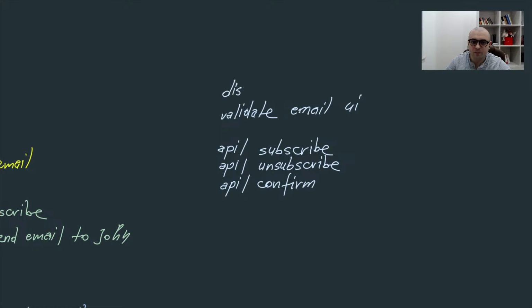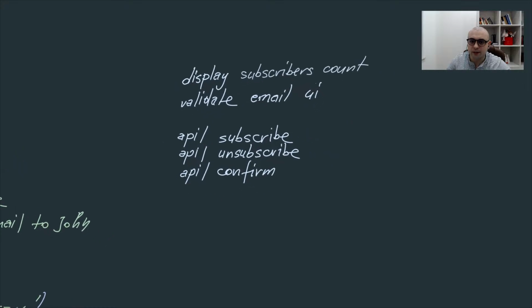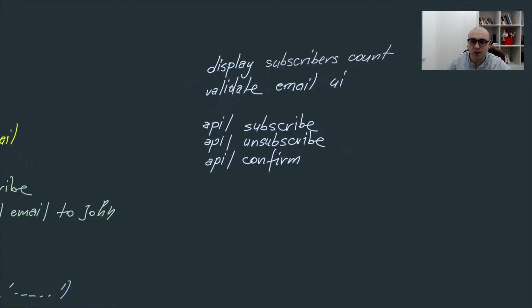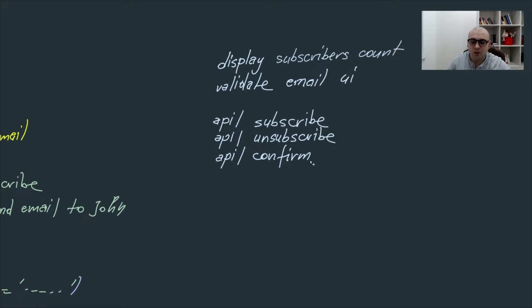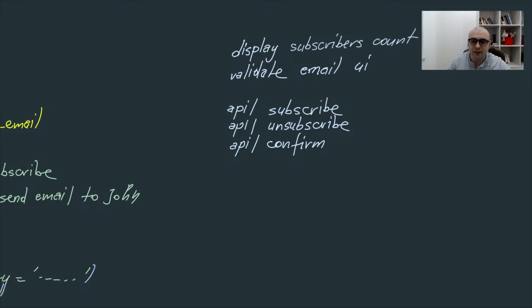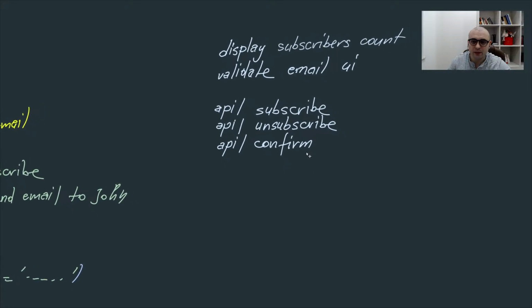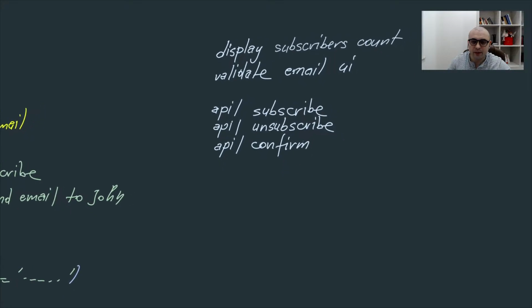Display subscribers count. Add a validator. Add these 3 endpoints: subscribe, unsubscribe, confirm. What else do we need? I'm not sure. For now, I think these are the main components.